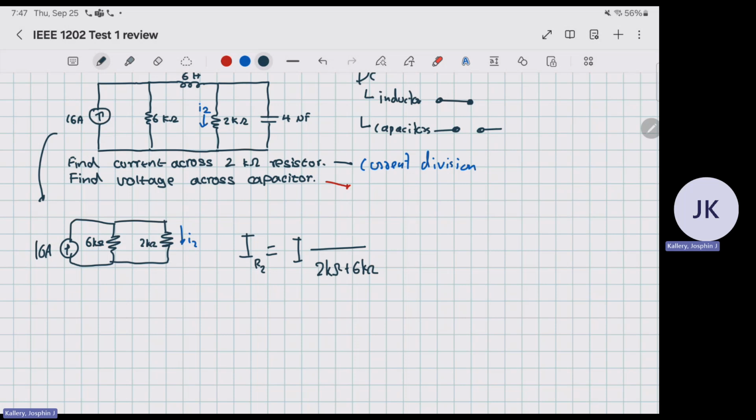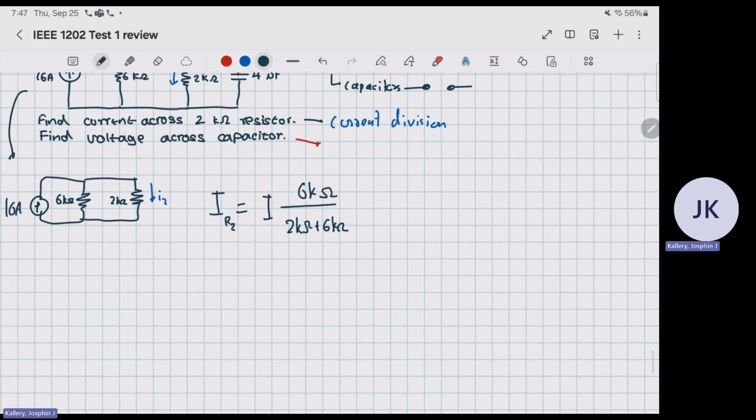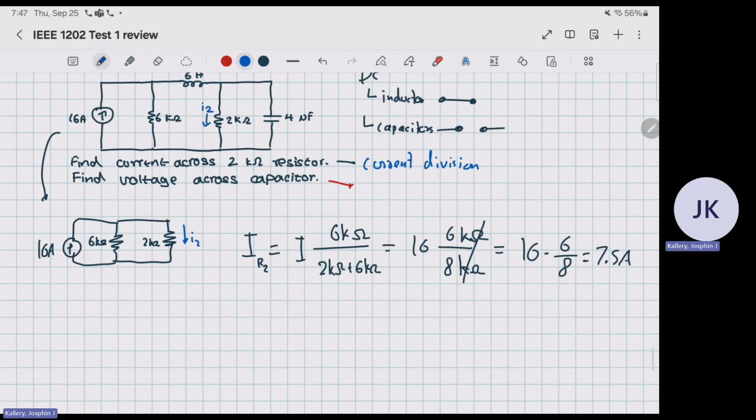We're finding the 2 kilo ohm current, so we place 6 kilo ohm over here. If we plug in our values, we get 16, 6 kilo ohm over 8 kilo ohm. The kilo ohms cancel. So we have 16 times 6 over 8, and that should give us 7.5 amps. So here's the first part. We found the current going through the 2K ohm resistor. I2 equals 7.5 amps.